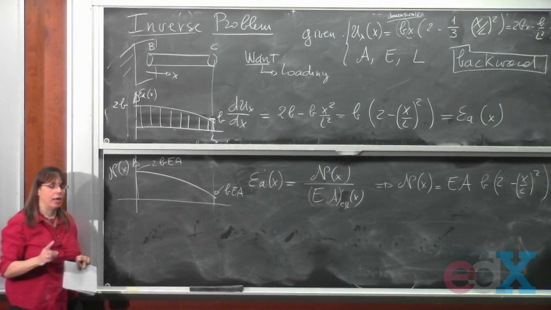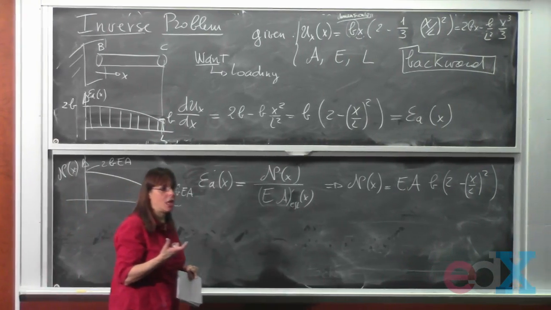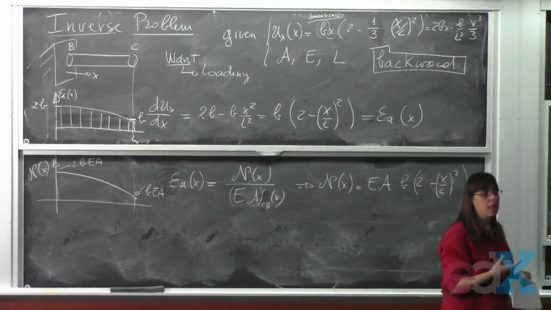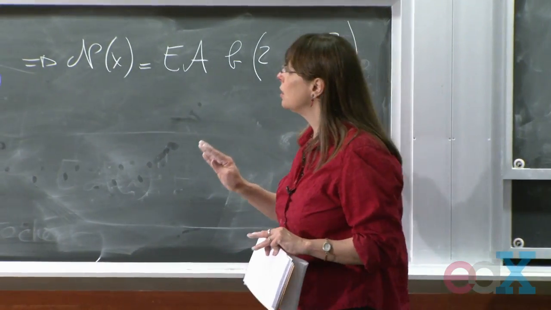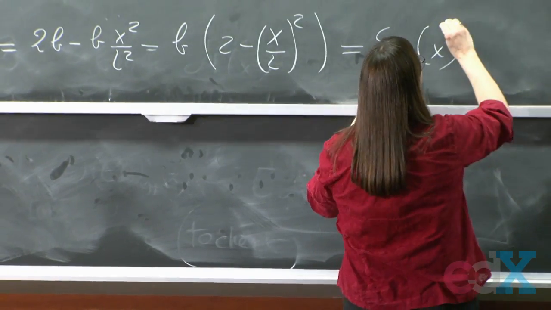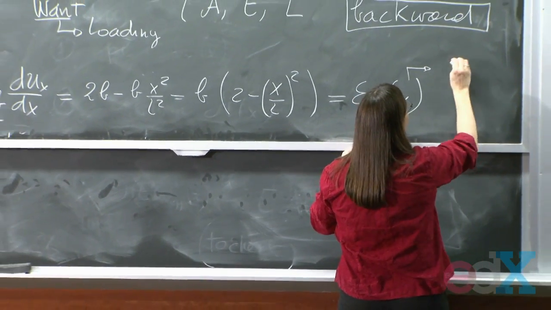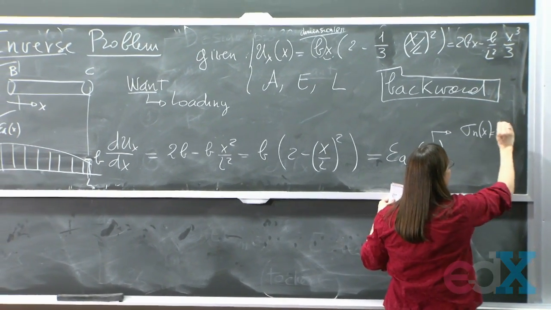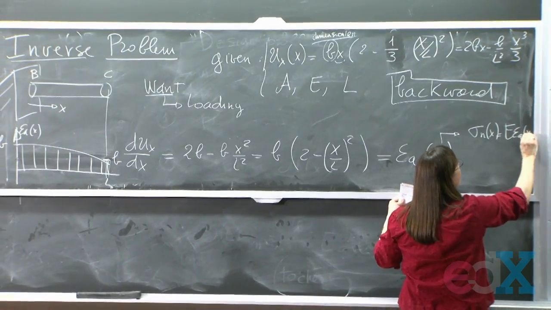Brilliant. The intermediate step that I was looking for, and in this case is not that important, is to go through stress. Because from epsilon A of x, if I want, I can go to sigma n of x equal to E epsilon A of x.